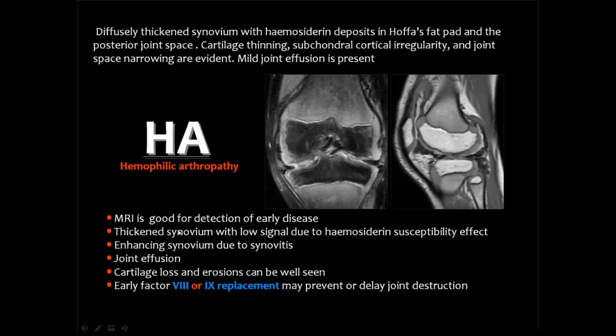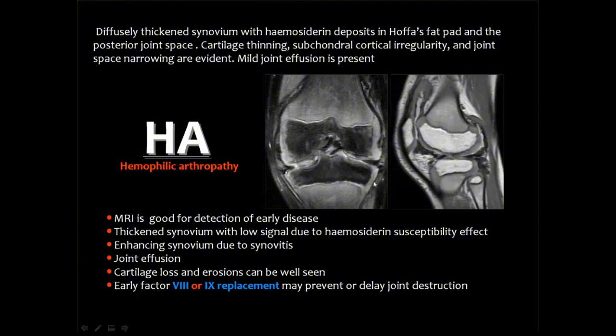MRI is considered a good imaging modality for diagnosis because it can show the blood or the hemosiderin inside the joint, and can also show the changes in the bone marrow and in the articular cartilage. You know that chronic blood or hemosiderin will appear black in both T1 and T2 weighted images.